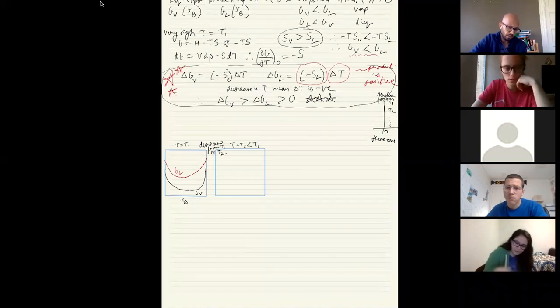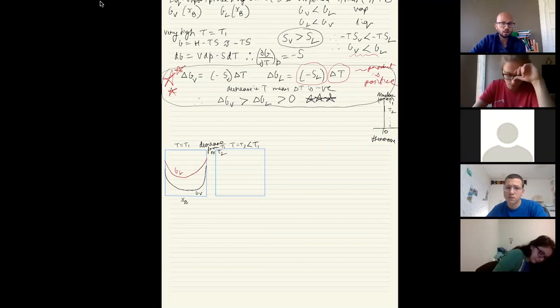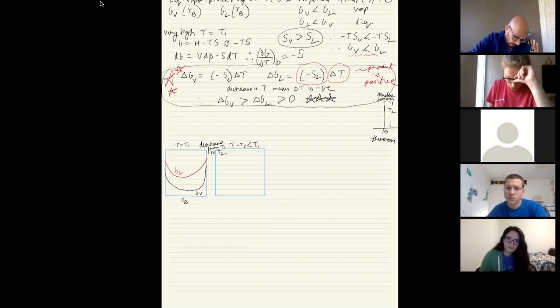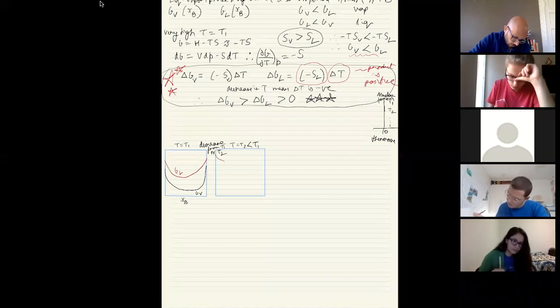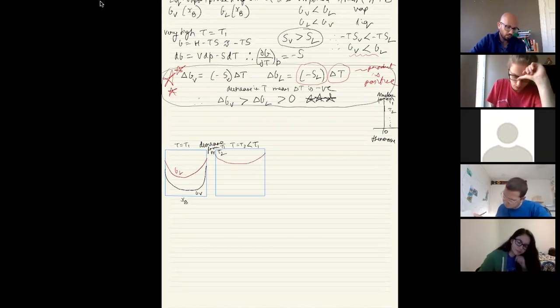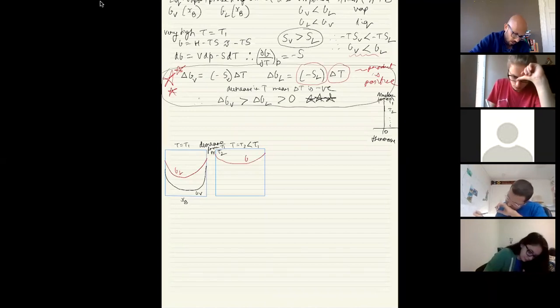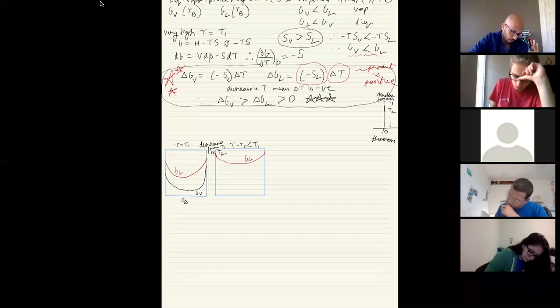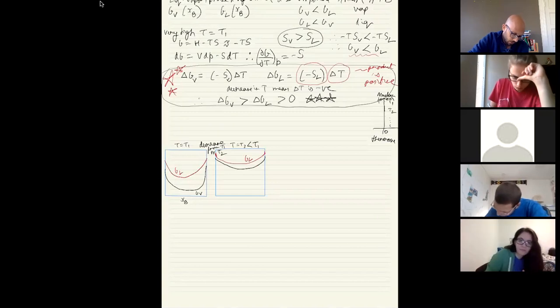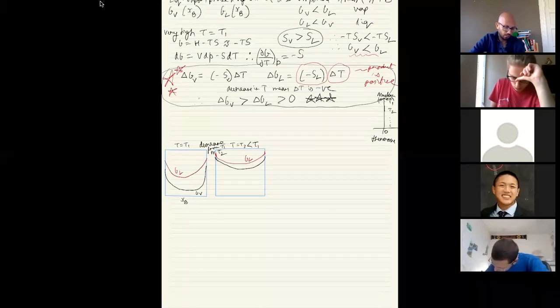However, the vapor curve is going to move up a lot with respect to the liquid curve. So relative to this on the left, the liquid one will look something like it moved like this. It moved up slightly, our G liquid. The vapor curve will, however, look like it moved a lot. It will look like it almost caught up with the G liquid.